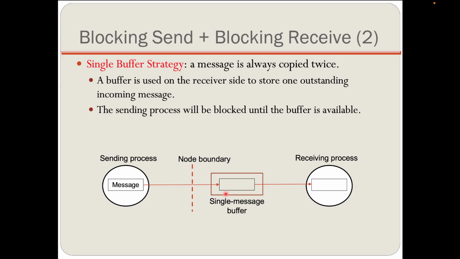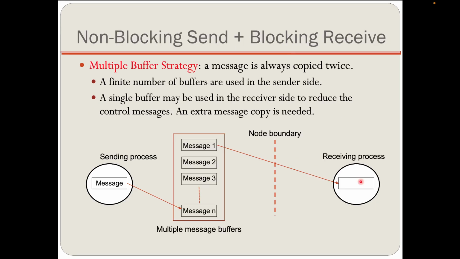So this is a non-blocking send. Again, the message is always copied twice, once to the sender's host buffer, and then to the receiver's address space. Here, instead of waiting in the sender's process address space, the message is waiting in the system's buffer.